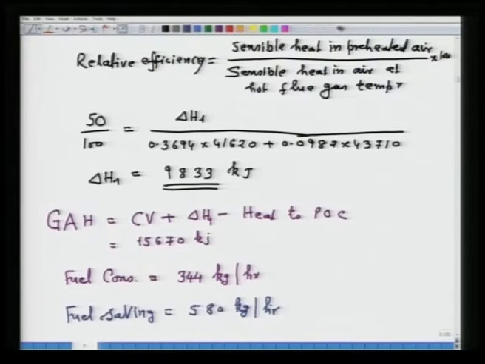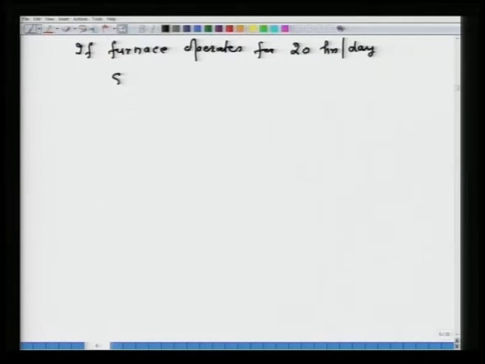Now, extending this thing further, let us say if furnace operates for 20 hours per day, then saving per day, that will be equal to 11,140. So, this will be the kg.